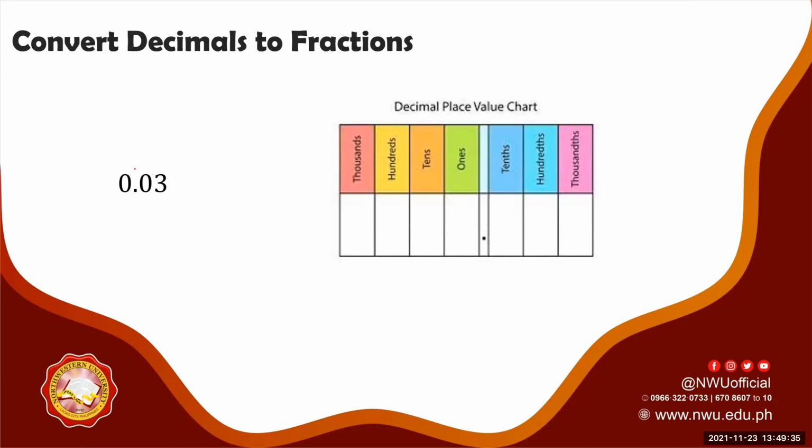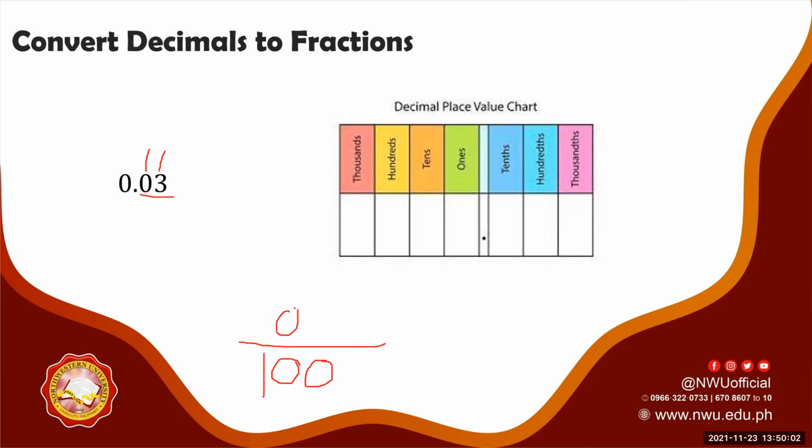0.03. Since 0 is our whole number, it means there is no whole number. So let's consider what I said earlier. What you're going to do first is to count the number of place values. That would be 1 and 2. Therefore, we have two zeros. That would be 1, just add 1. And then copy this to be your numerator.